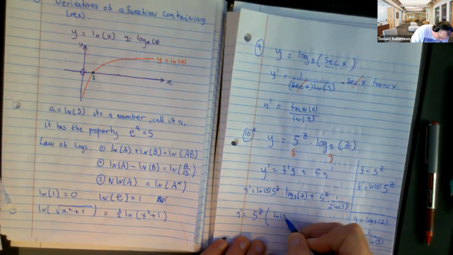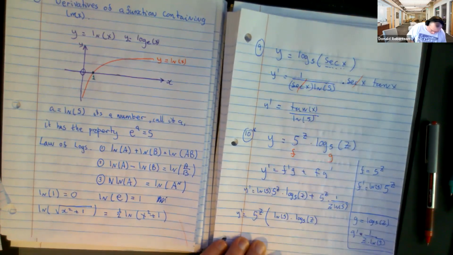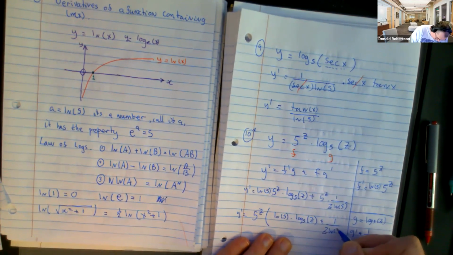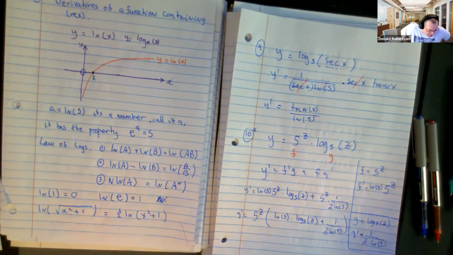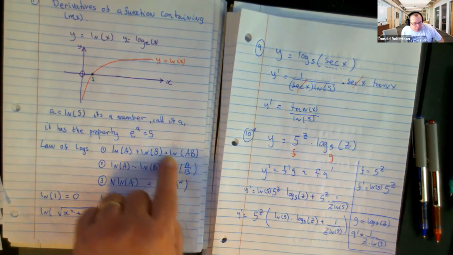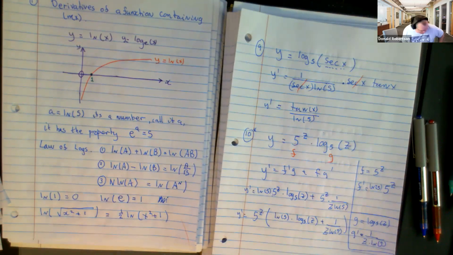And I get natural log of 5 times log of z to base 5 plus 1 over z natural log of 5. And I'm not going to try and make that pretty. I'm not sure it can be. Whew. We've done it, right? We are beginning to get, hopefully, a feel for how you differentiate log functions. And hopefully, you're getting comfortable with situations when you need to do this to make the derivative easier to calculate.